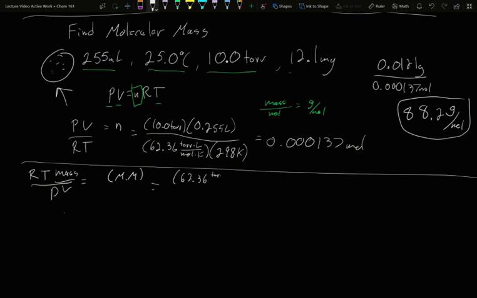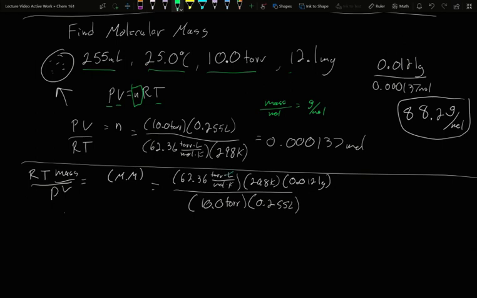62.36 torr liters per mole Kelvin, 298 Kelvin, 0.0121 grams for the mass. Pressure, 10.0 torr. Volume, 0.255 liters.